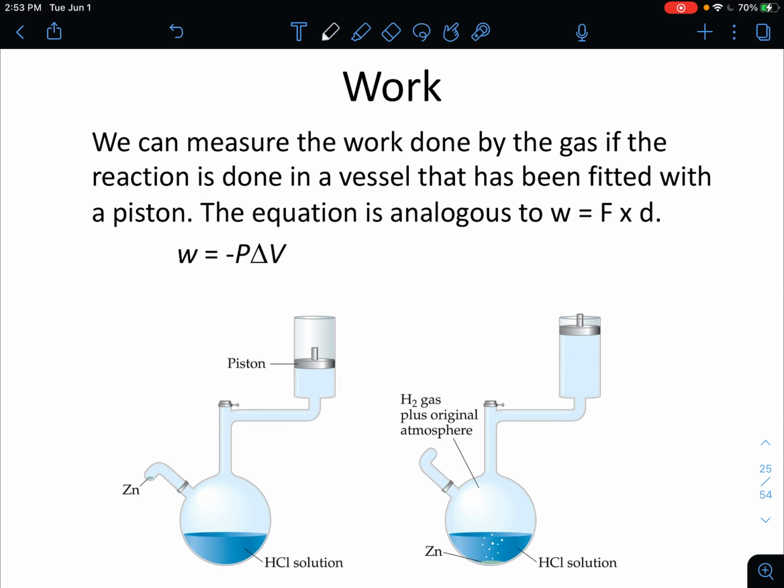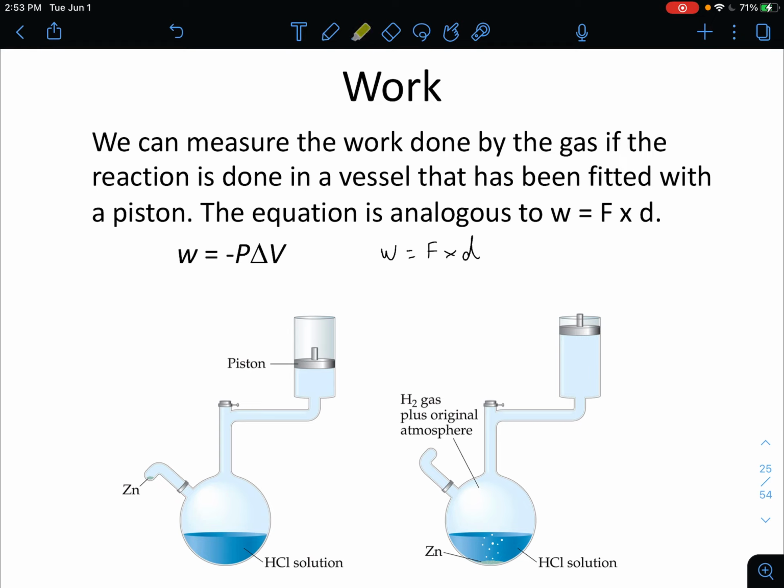Remember that the equation for work in a simple model is work equals force times distance. Now we're saying work equals negative external pressure times the volume change. The reason for the negative sign is so that we appropriately describe whether the system is using up energy or whether the surroundings are using up energy.